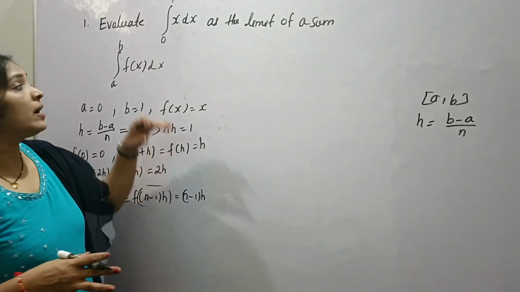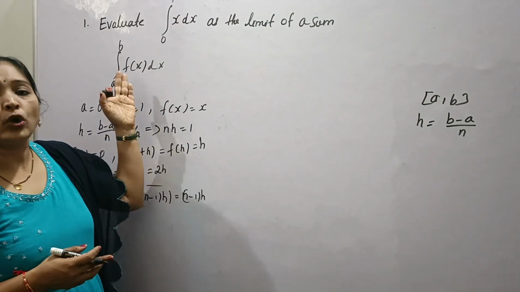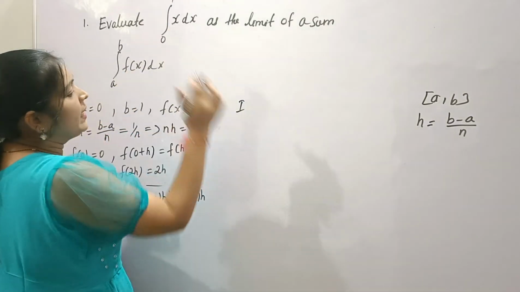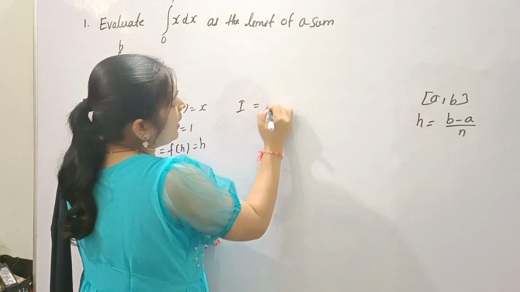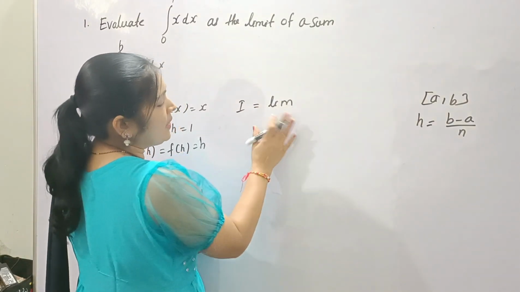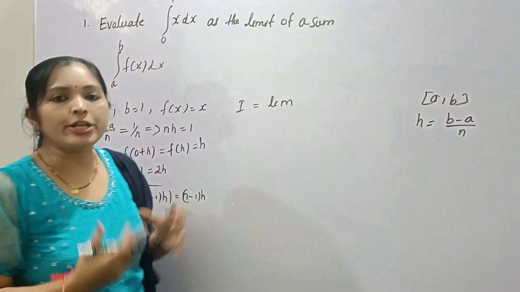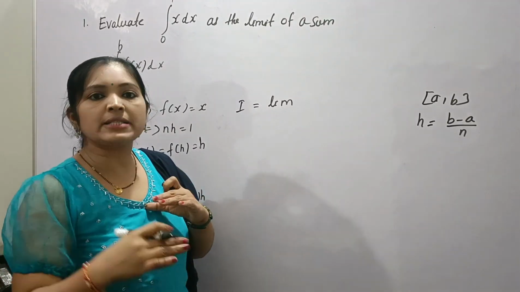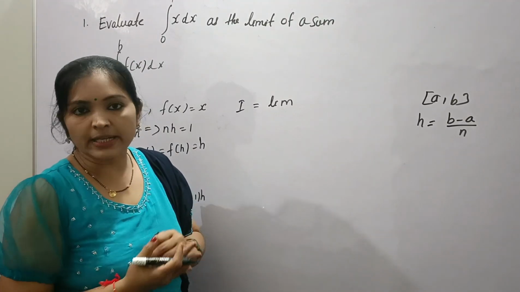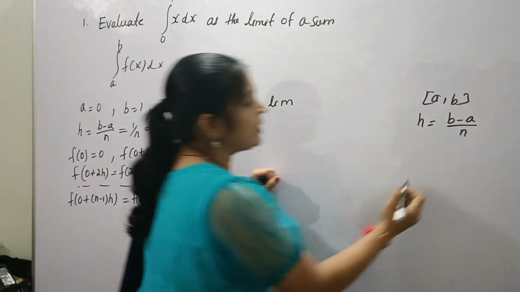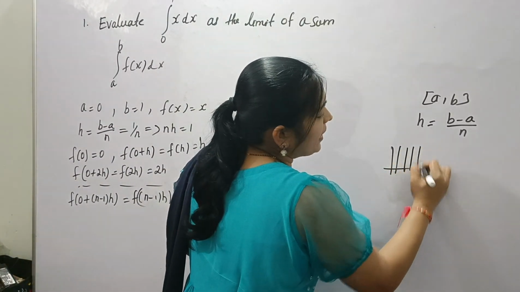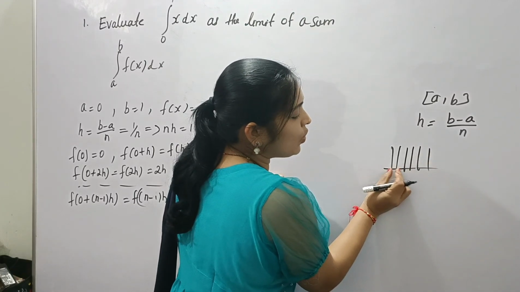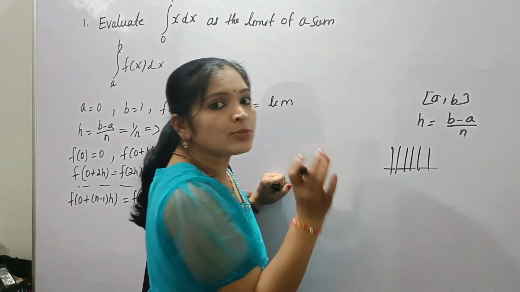Now let's find the value of this integral. We know the formula: this given integral is equal to limit, here we will take h tends to 0. Because when the number of subintervals gets larger, that is n gets larger, suppose we draw many rectangles, the length of the subintervals becomes smaller and smaller.